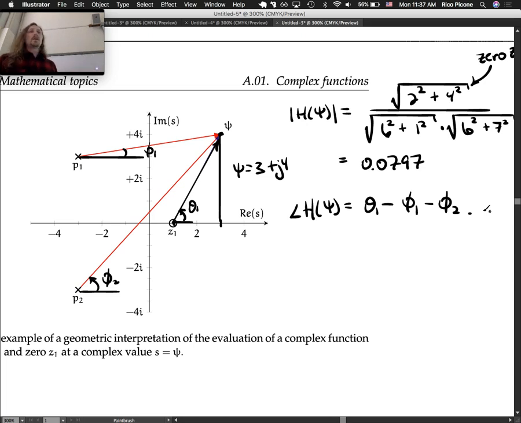The reason we're doing it is that we're going to learn how to figure out what gain we want our controller gain to be, to place our closed loop poles in a specific location. So that's what we're doing this for. We're going to be using this geometric idea in this chapter 5 that we're embarking upon now.